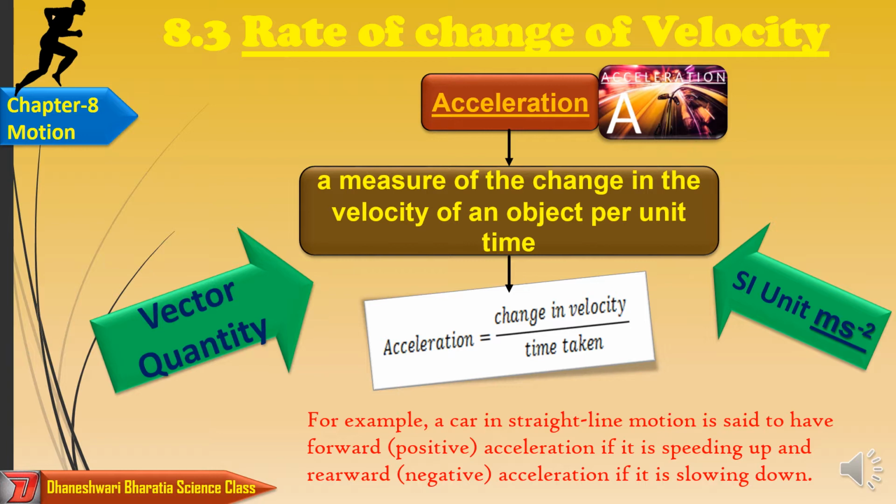And one time will come when your car will stop. So when we had applied brake, that time whatever acceleration is experienced by us, that is called the negative acceleration. Am I clear? So acceleration can be positive as well as negative.